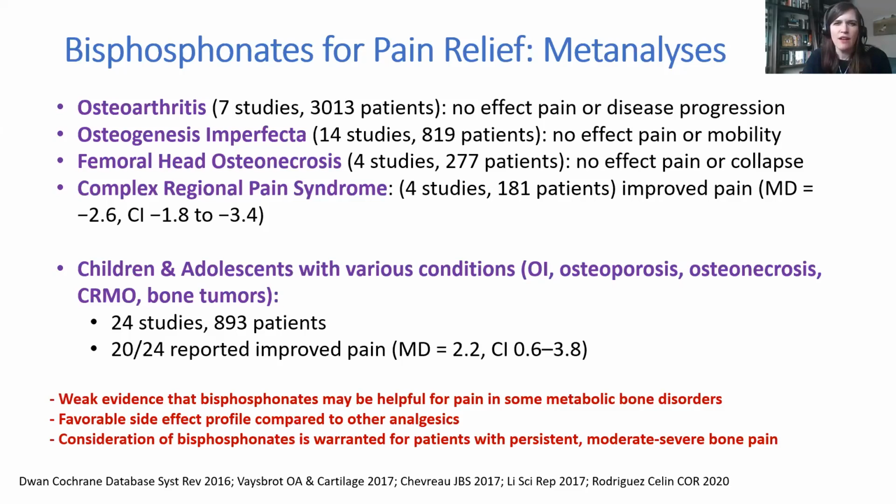So taken together, I think again here we have weak evidence that bisphosphonates may be helpful for pain in some metabolic bone disorders. In general, when we compare bisphosphonates to the type of medications used to treat pain, bisphosphonates have an overall favorable side effect profile. So I do think that consideration of bisphosphonates is warranted for patients who have persistent, moderate to severe bone pain. However, we do have to bear in mind that there is not a strong body of evidence to support this.